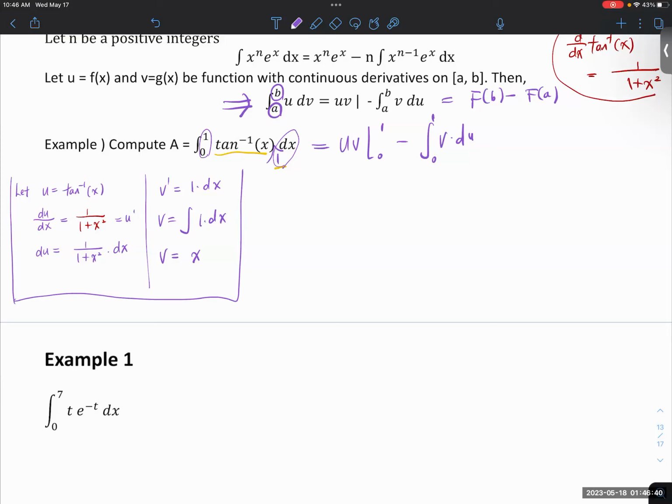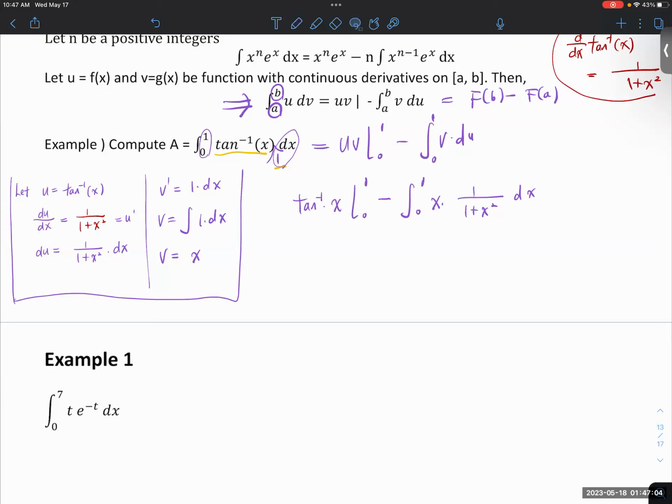So don't worry, we're going to get there. So u was what? u was a tangent inverse, and times v, we got x. So we're going to take a look at 0 to 1 minus the integral from 0 to 1. v is x, and du is 1 over 1 plus x squared dx. Are you okay?